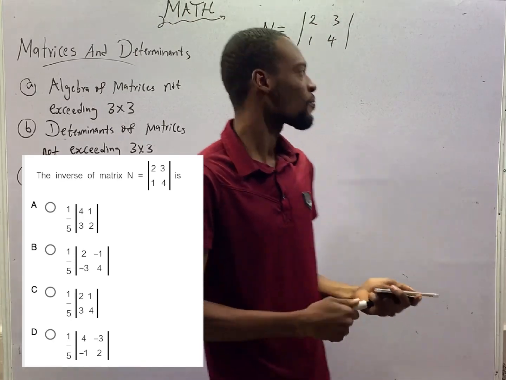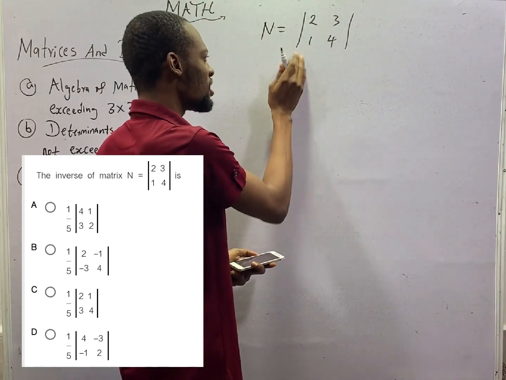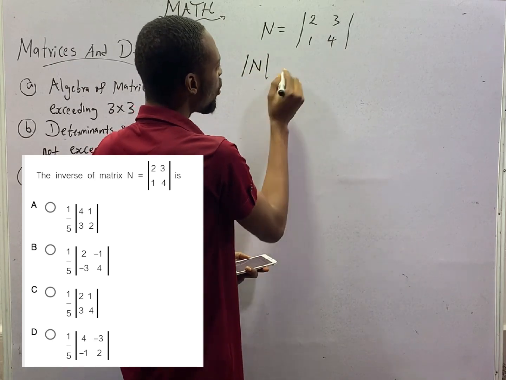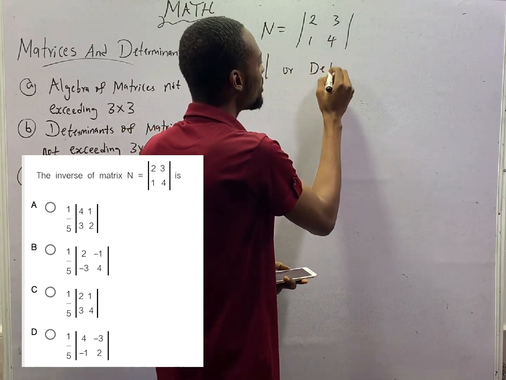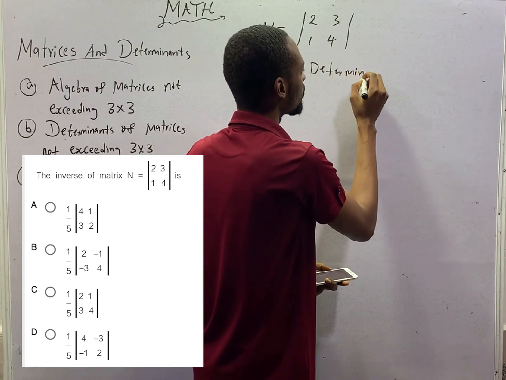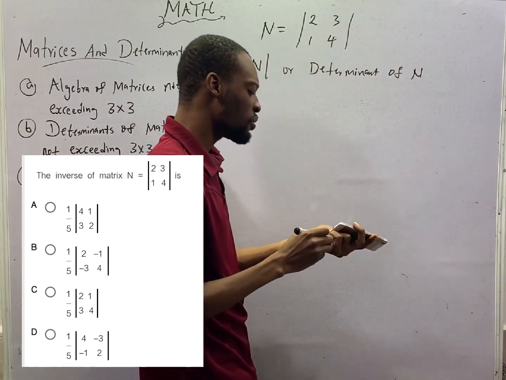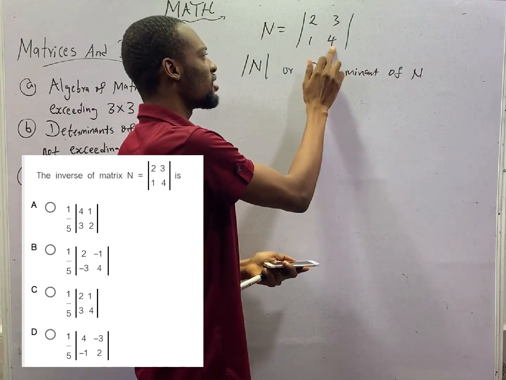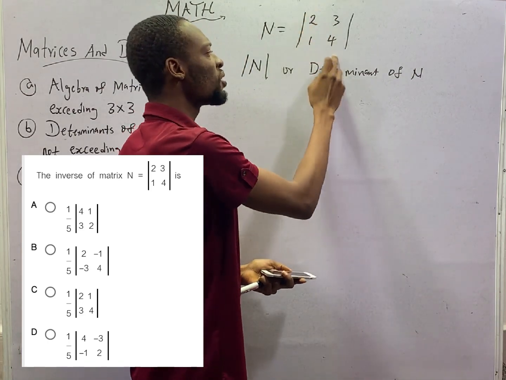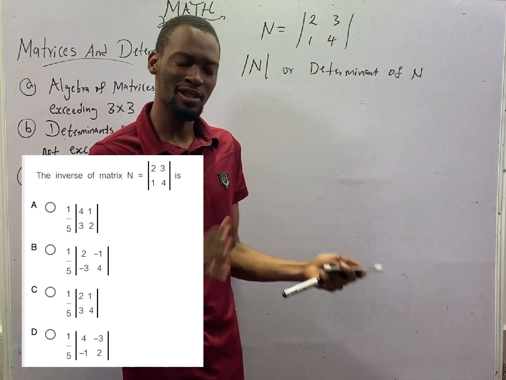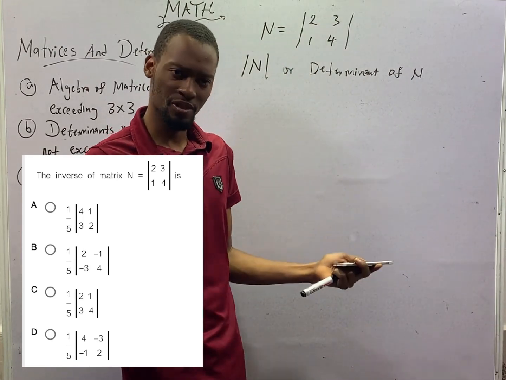Look at this. If you are given a 2 by 2 matrix and you are asked to look for the determinant of it, simply use this guy to multiply this guy minus this guy times this guy. That is the determinant of any 2 by 2 matrix.